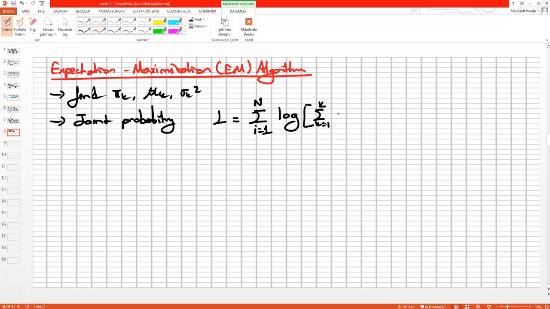Then the sum over k must be implemented with pk and the normal distribution of xi given mu k and variance k. Okay. In each case, each xi value is evaluated for each class, and in this domain we take the log domain like this one.